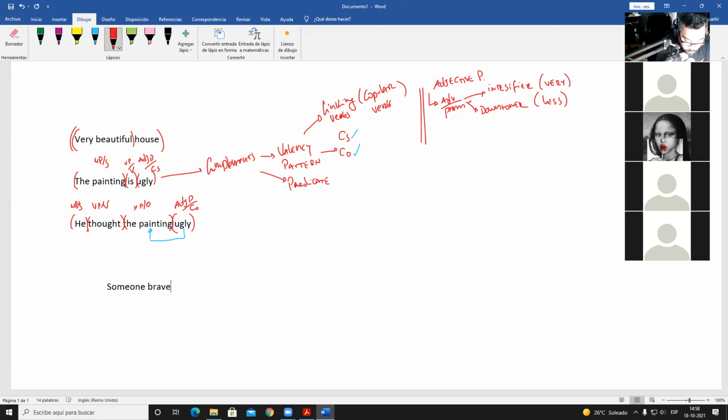Therefore, you can use an adjective as a post modifier only if you have a compound indefinite pronoun as the head inside of a noun phrase. Someone brave, anybody strong, and so on and so forth.